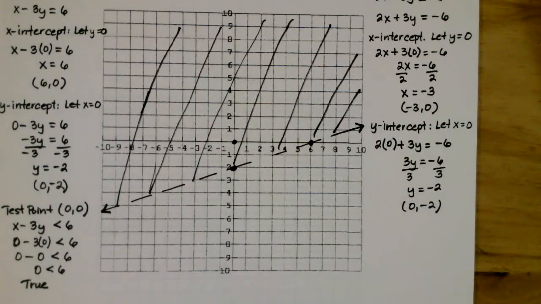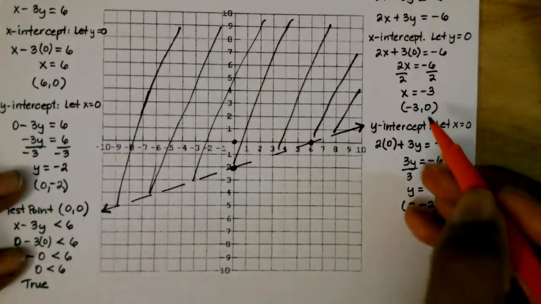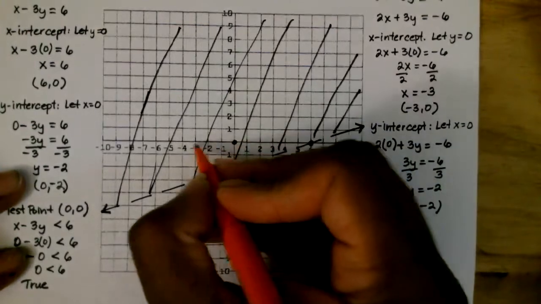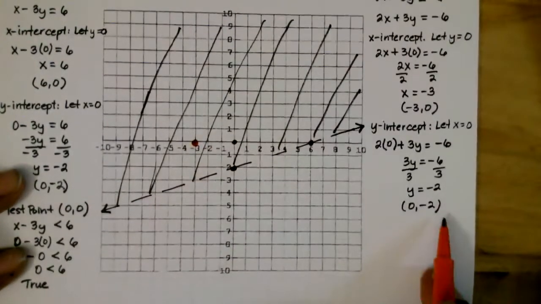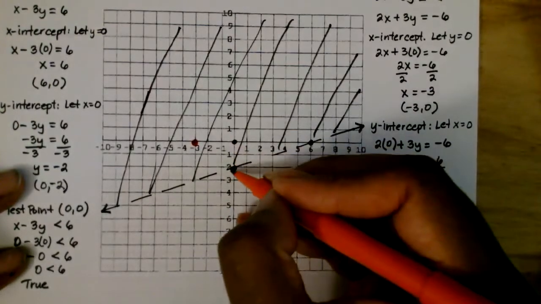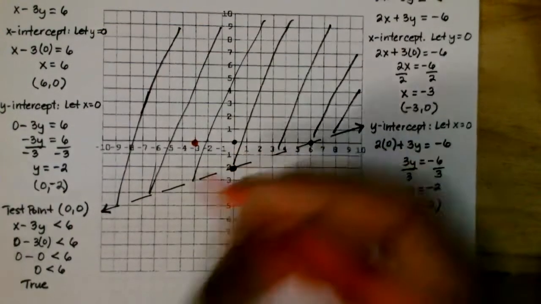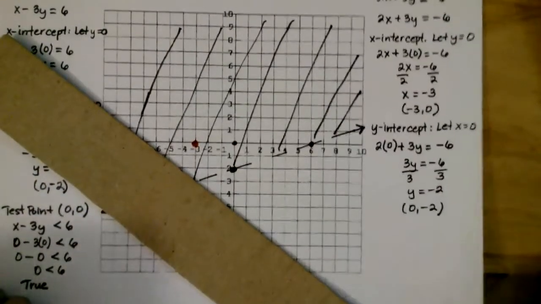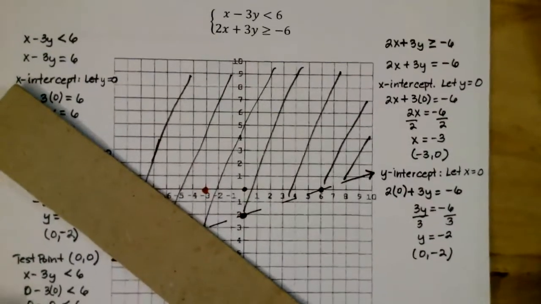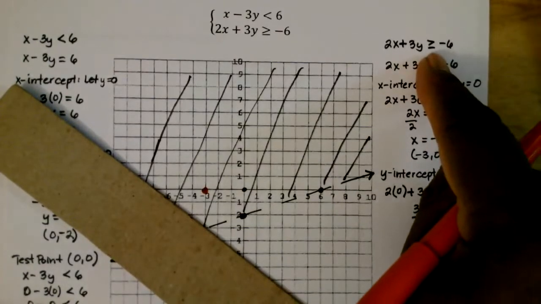Okay. Now I'm going to plot a line in a different color, like this here. For -3, 0 will be to the left 3 on the x-axis. 0, -2, we stay at 0 but go down 2. That's going to be this point right here. And the original inequality, if you look at it, was greater than or equal to.